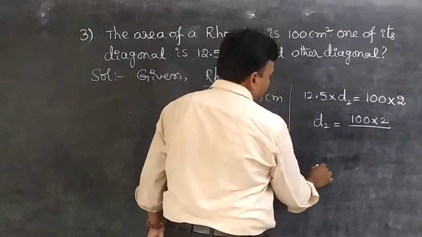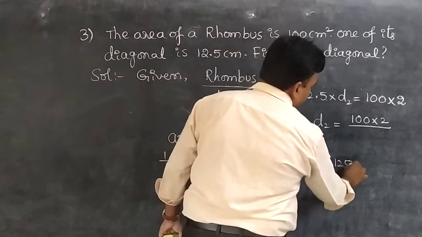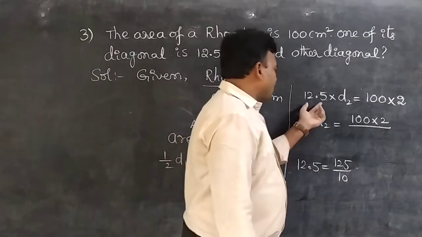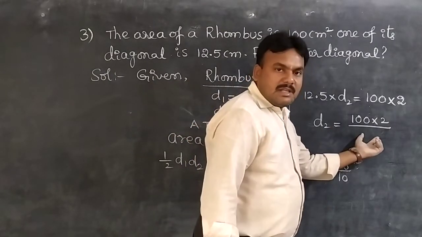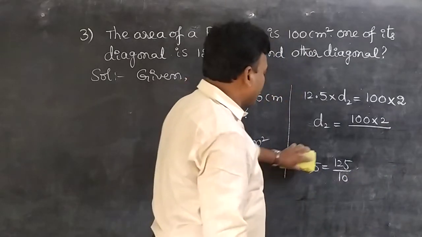Observe carefully, students, here 12.5 can be written as 125 by 10. Is it or not? 125 by 10. This value transfers to the right side: 125 we can express in the denominator, and 10 we can express in the numerator.